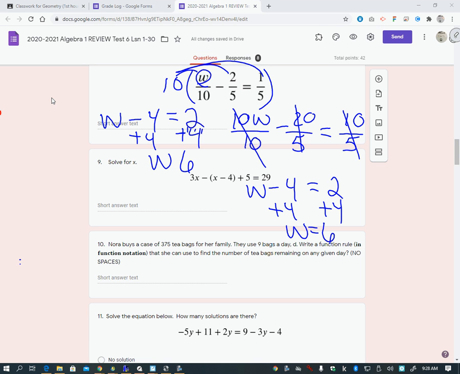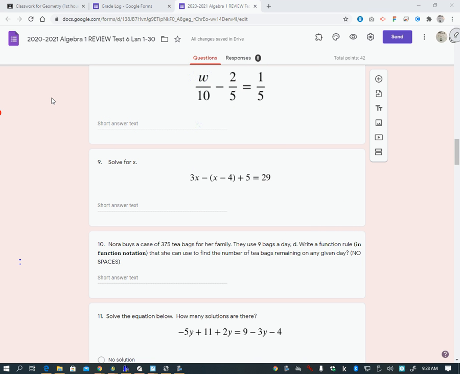Now, what Alex is asking is, can we solve it just the way it is? Absolutely. All right. I would add 2/5 to 1/5, right? So W over 10 is going to be equal to what? What's 1/5 plus 2/5? 3/5. From here, that's a proportion.